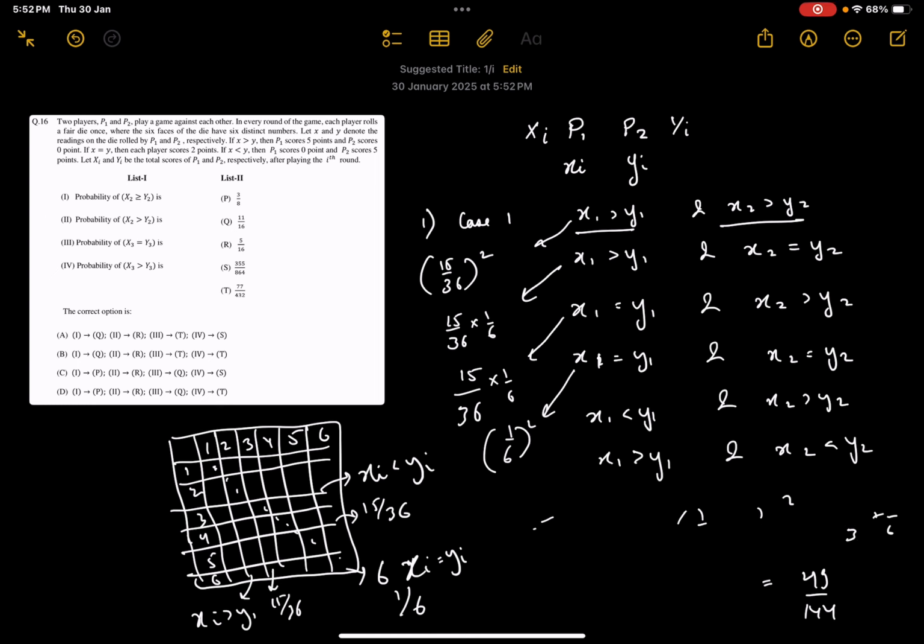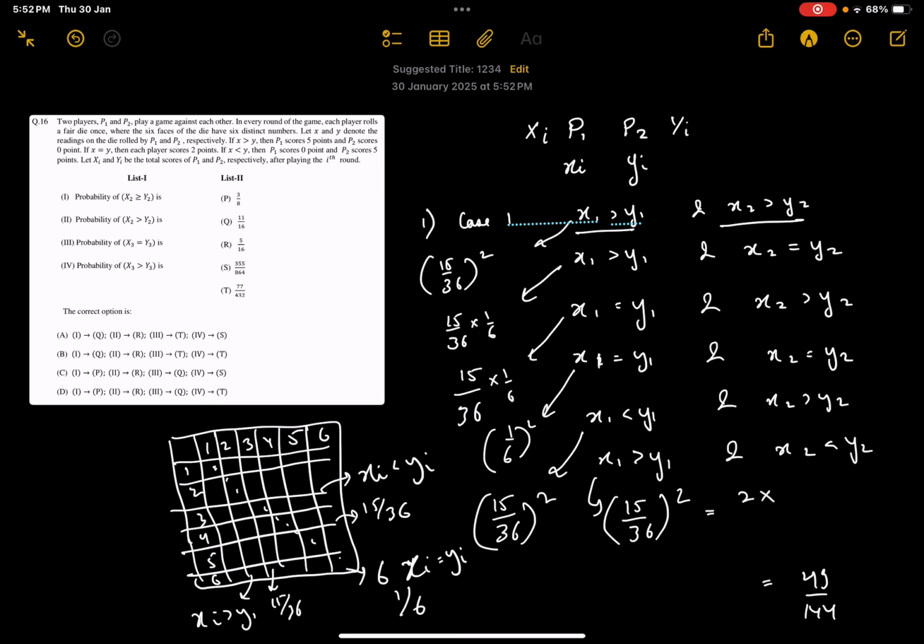Now for the last two cases, these two will have the same probability. So this will have the probability 15 by 36 squared, and this also will be 15 by 36 squared, so the total probability for these two is 2 into 5 by 12 squared, which is 25 by 144.